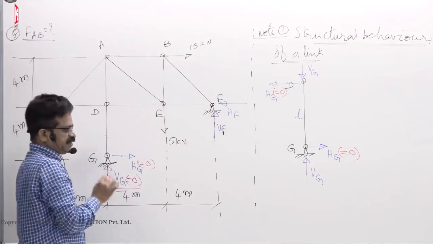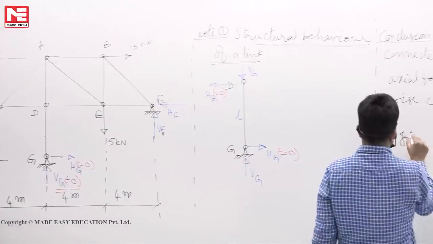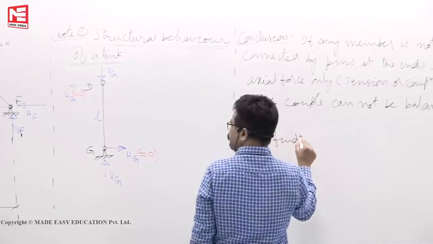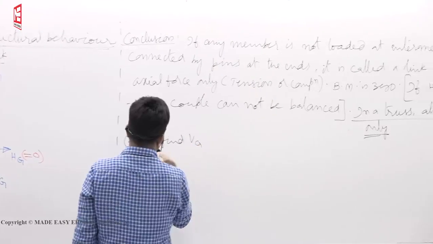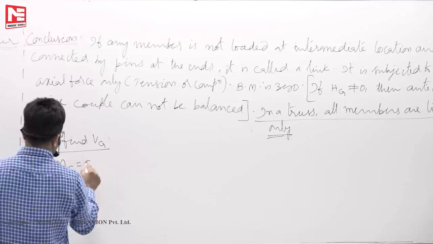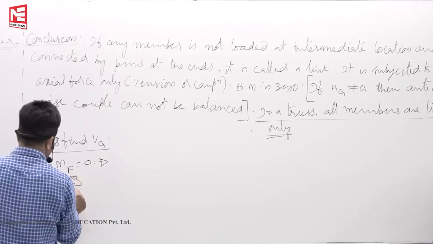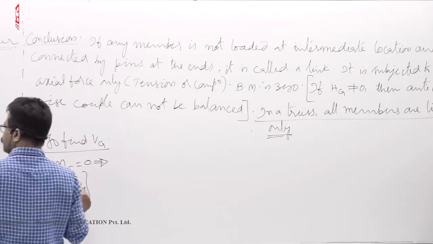If you are not able to get it, then you can write here like this. To find vertical reaction at G, this is the process. Take moments of all forces about F equal to 0. Clockwise positive, anti-clockwise negative. What will happen?